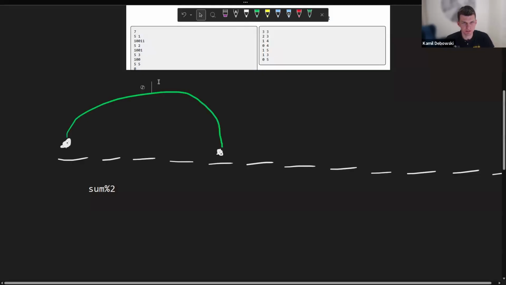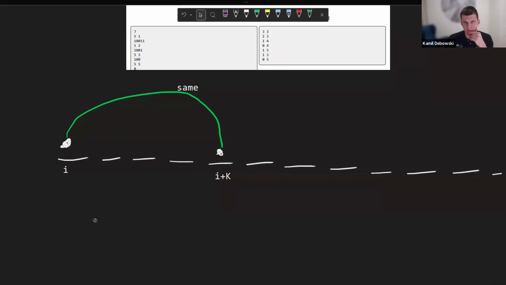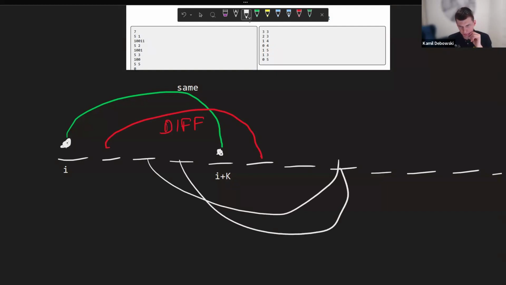The green, let's say, means same or equal. Position, always it's position i and position i plus k. And then maybe we know that this position versus this one is different. And we have all this information, this pair, this one, this one, and so on.